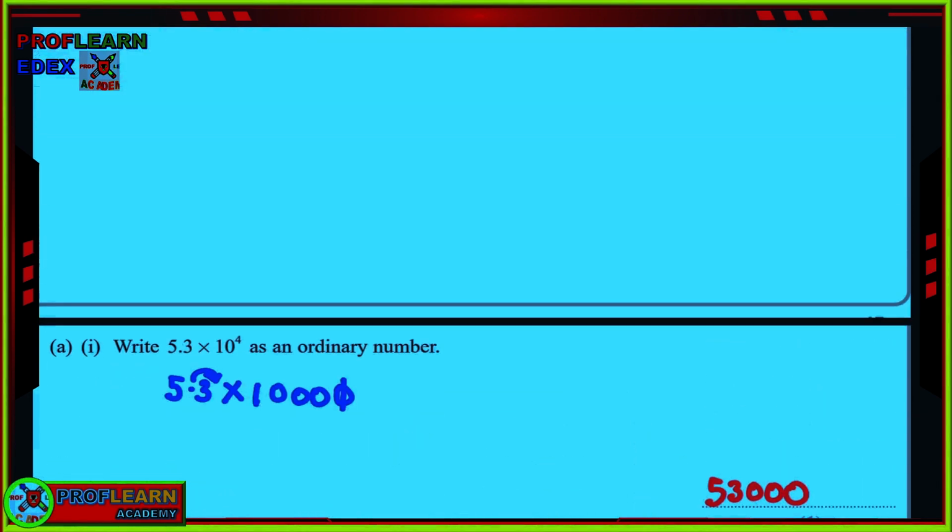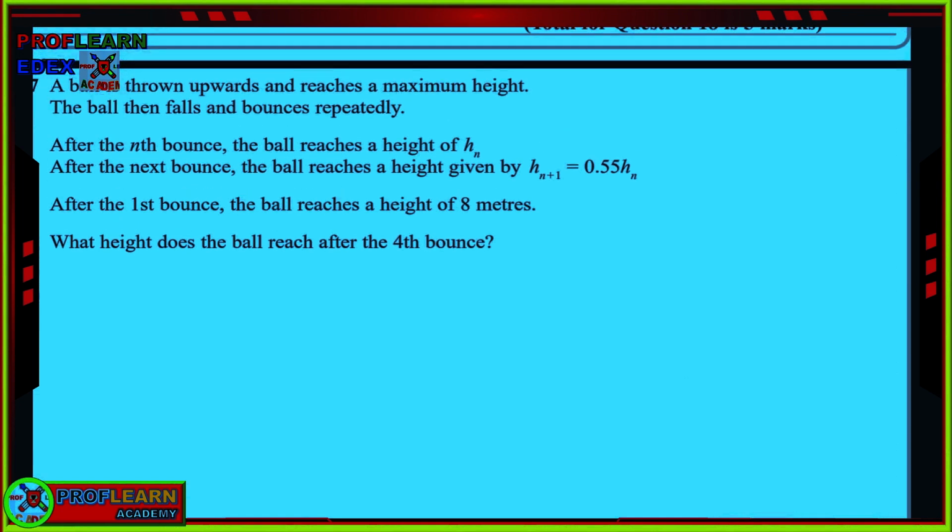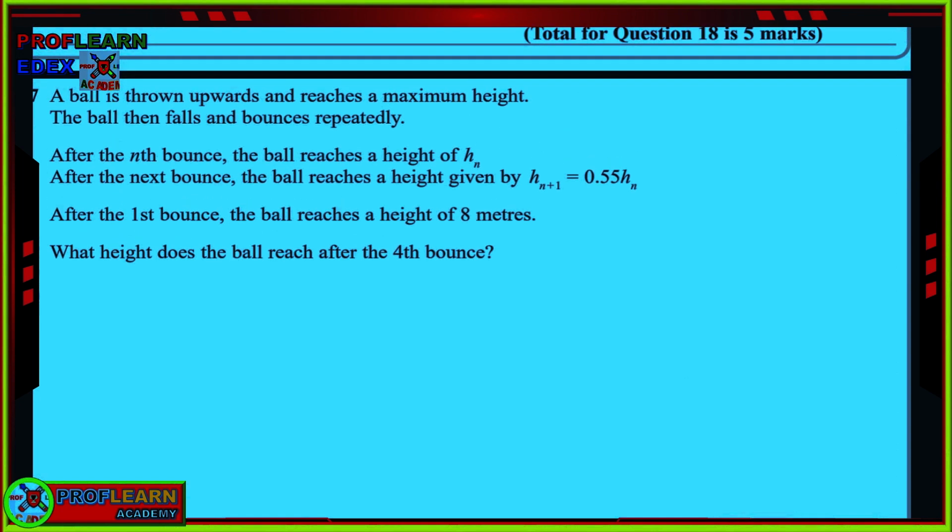So apart from the questions to do with standard form and ordinary numbers, you need also to understand how to work out questions to do with iteration. So we are told that the ball is thrown upwards and reaches maximum height, and the ball bounces repeatedly.